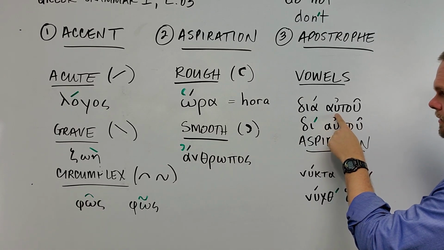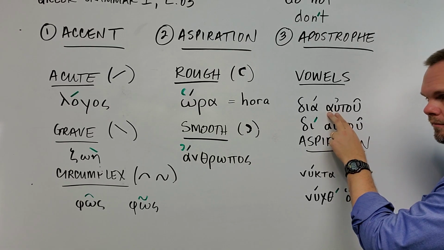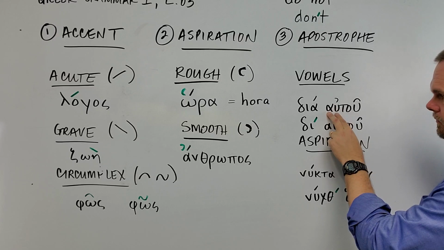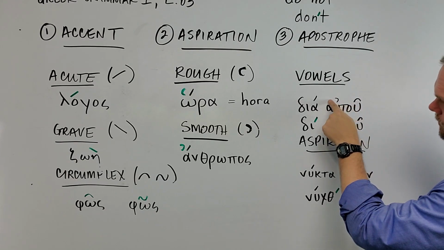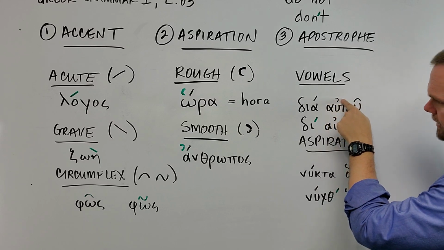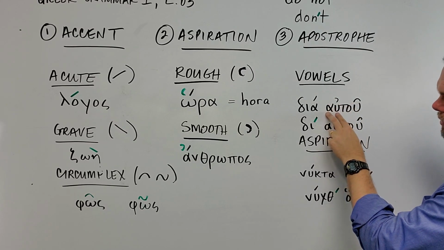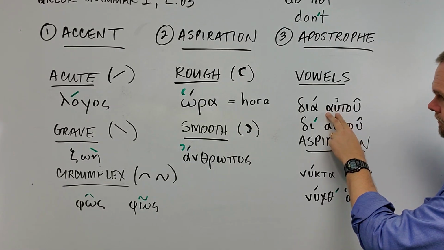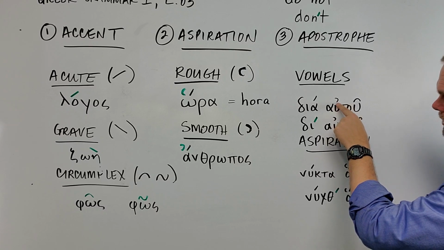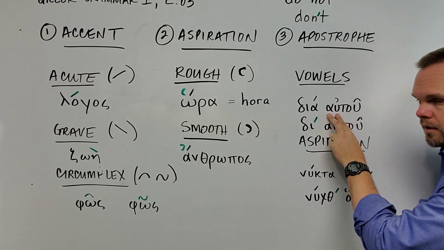That's going to be treated as a single vowel sound. And if you notice, the smooth breathing mark is not over the first letter, but over the second letter, because that breathing mark is recognizing that these two vowels are to be treated as one vowel. So the location of that breathing mark recognizes that alpha upsilon is a diphthong.